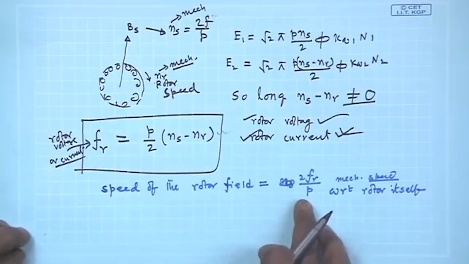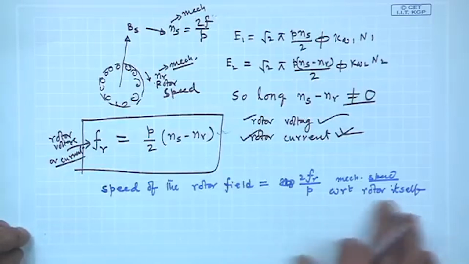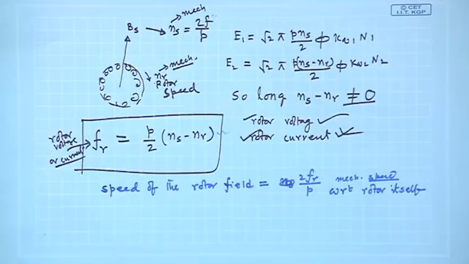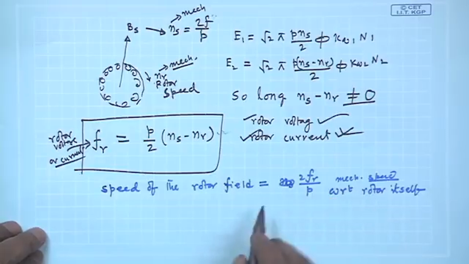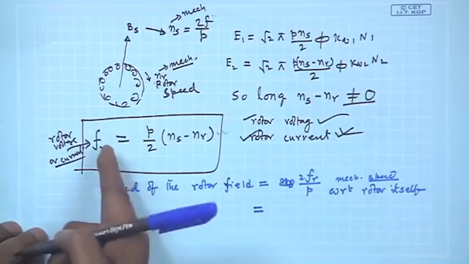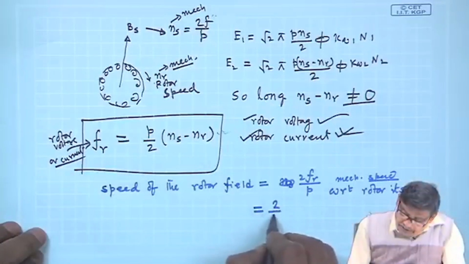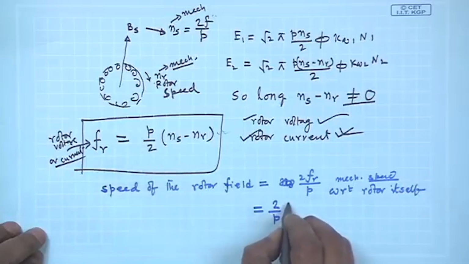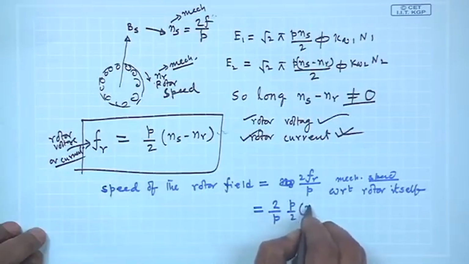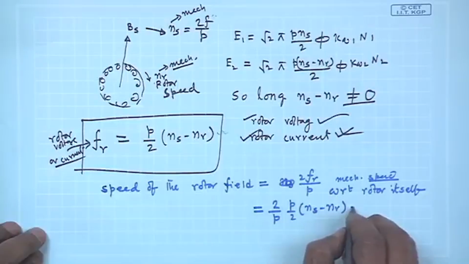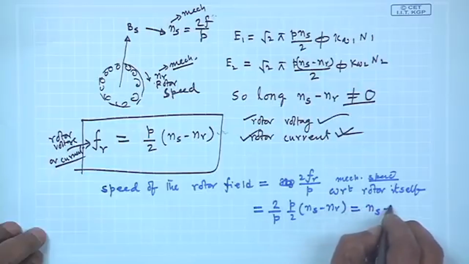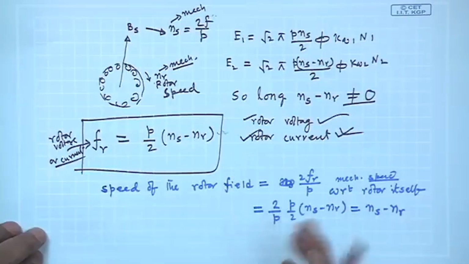That will be the speed of the rotating field. Now f r is once again p by 2 into n s minus n r, and so this will be equal to n s minus n r. Perhaps I could write it straight away, but anyway it is good to do it like this.